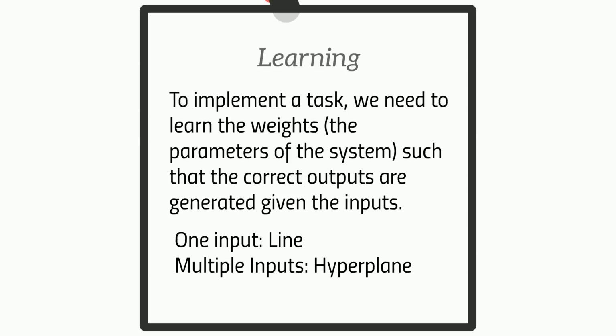But with more than one input, the line becomes a hyperplane. And so now the perceptron with more than one input can be used to implement a multivariate linear fit. All we're doing is adjusting these weights, or parameters, same thing, so that we get the output that we want.